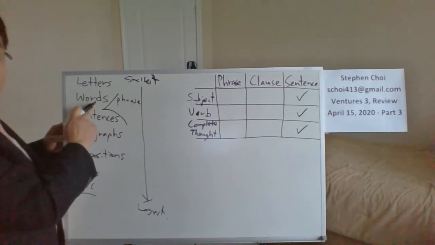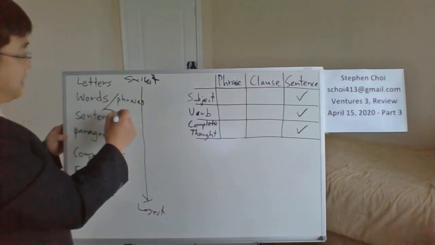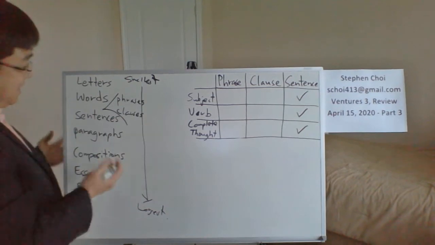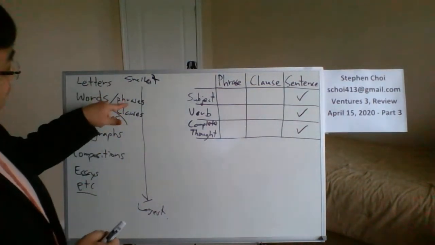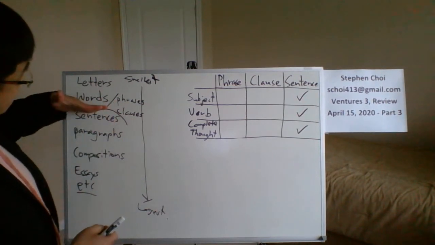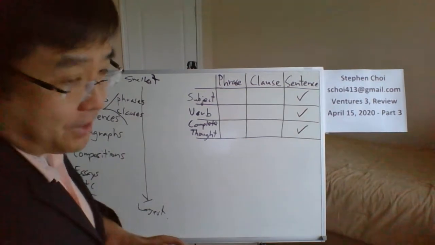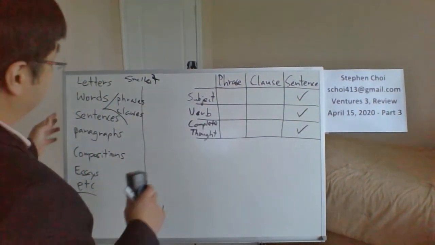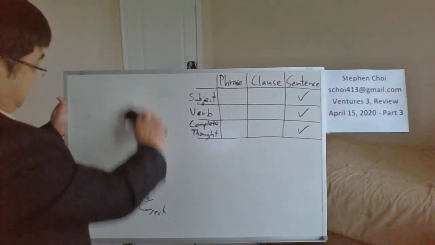You put words together to make phrases, and then you put phrases together and make clauses. And then one step up is the sentence. So phrases and clauses fit in right between words and sentences, basically. Did you get that? Let me erase this because I don't have board space.